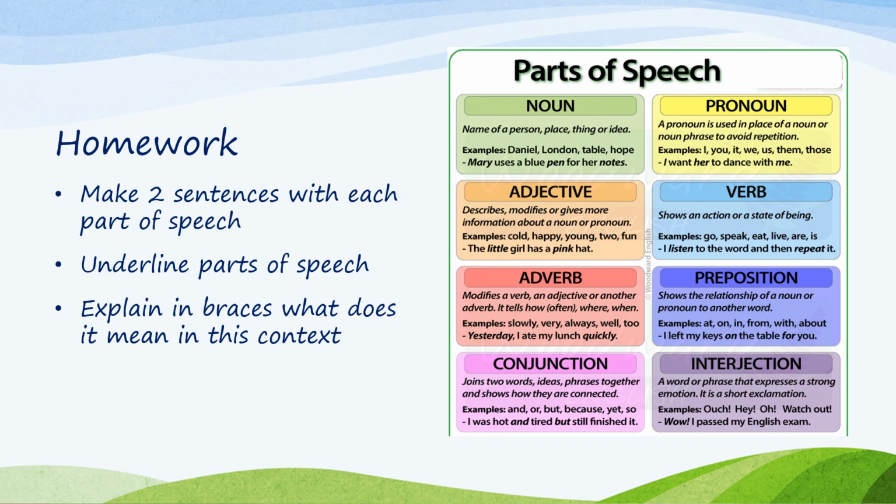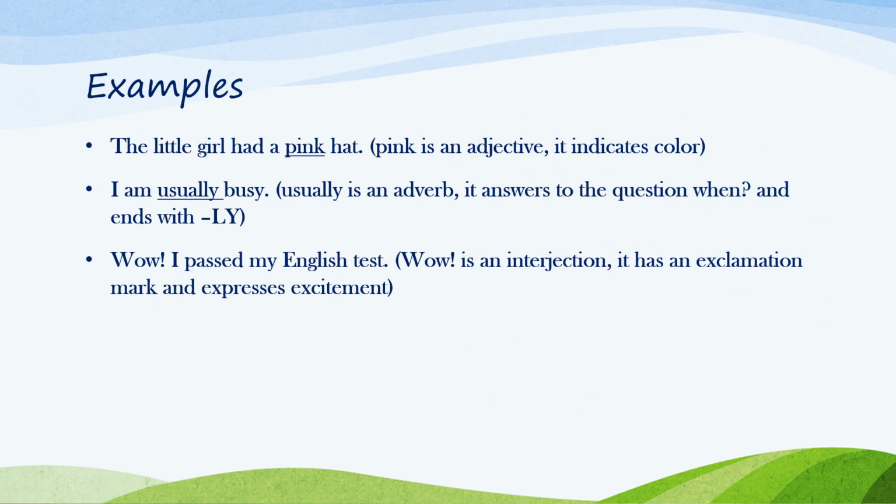For example, if I'm going to write this sentence, the little girl had a pink hat. So pink is an adjective, so I write the part of speech and that it indicates color. So I write what this word means in this context.